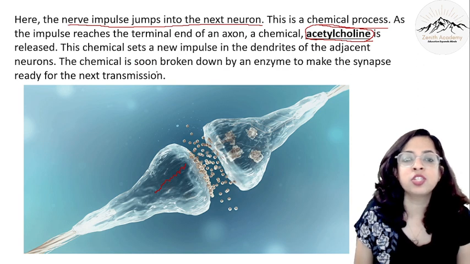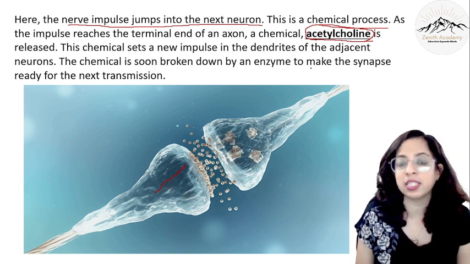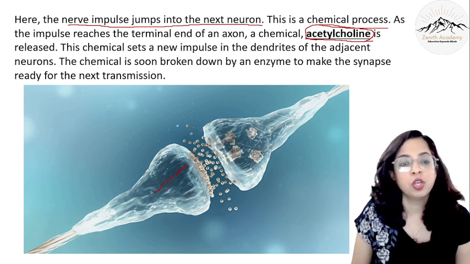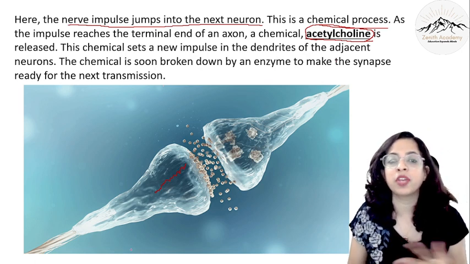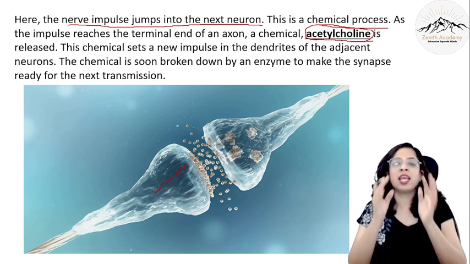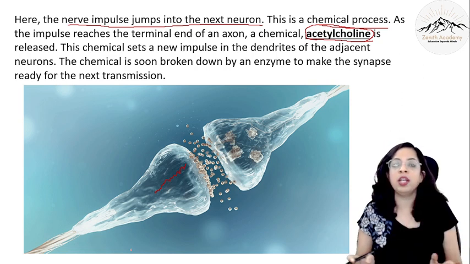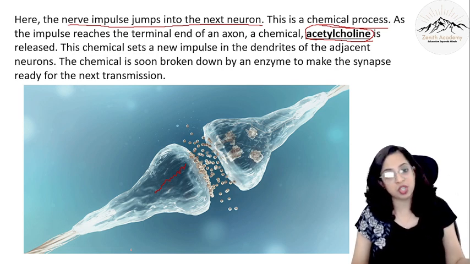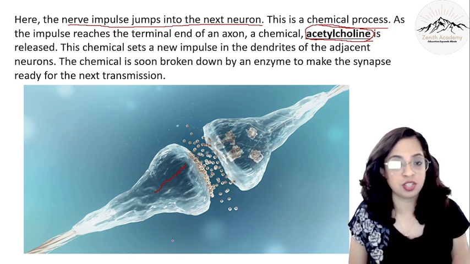Now the chemical is soon broken down by an enzyme to make the synapse ready for the next transmission. So acetylcholine is broken down by the enzyme to make the synapse ready for the next transmission in the dendrite of the next neuron.